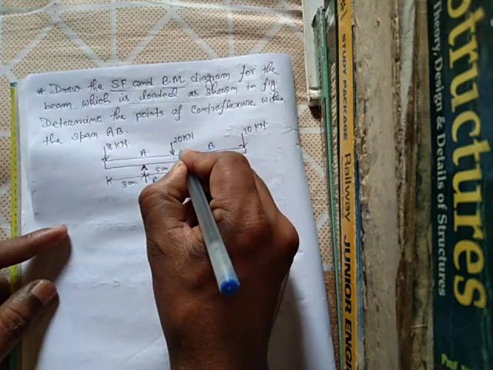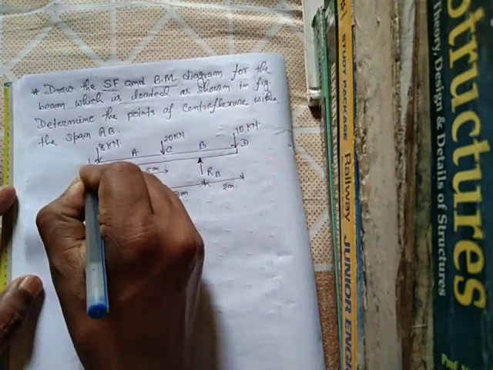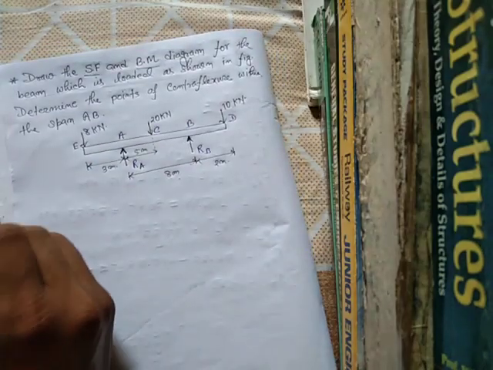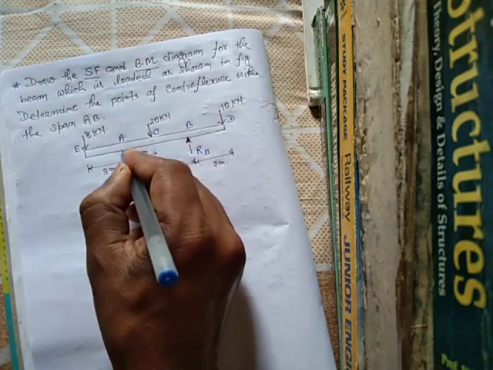I have chosen points. This is point C, this is point D, and this is point A. Now, taking moment about any support point is 0.